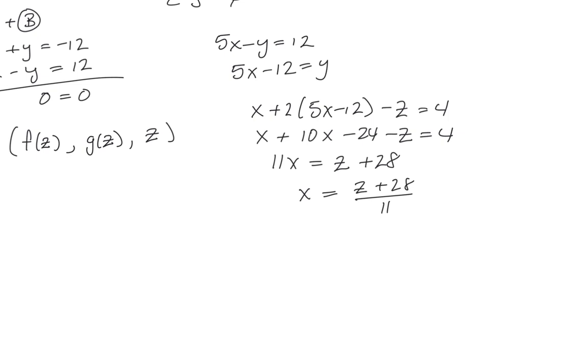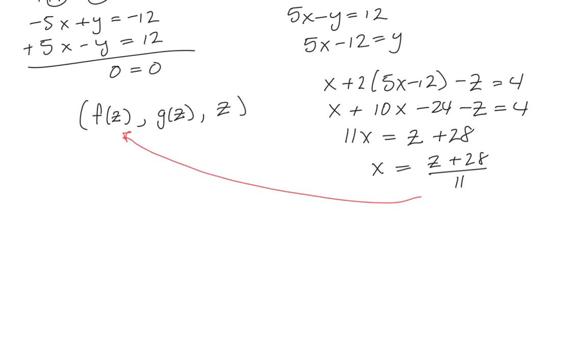So here's what I'm going to put in over here, which is terrible, but that's just the way it is. And then I'm going to take and replace this x and put it in right here. So I have 5 times (z plus 28) over 11 minus 12 is equal to y, and that's going to go in right here.